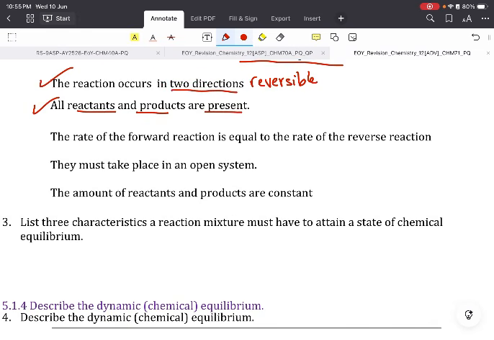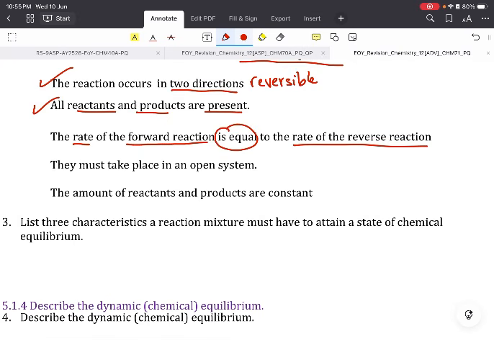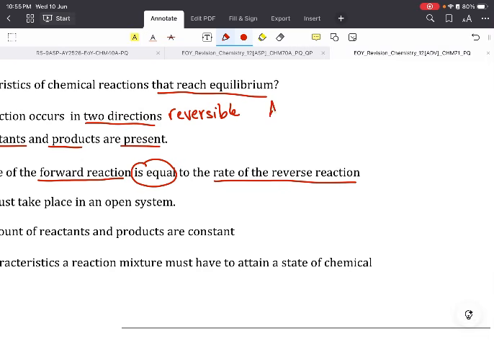So this is also another characteristic. Now, when a reaction reaches equilibrium, at this point, the rate of the forward reaction is equal to the rate of the reverse reaction. I'll go back to the example I gave you.